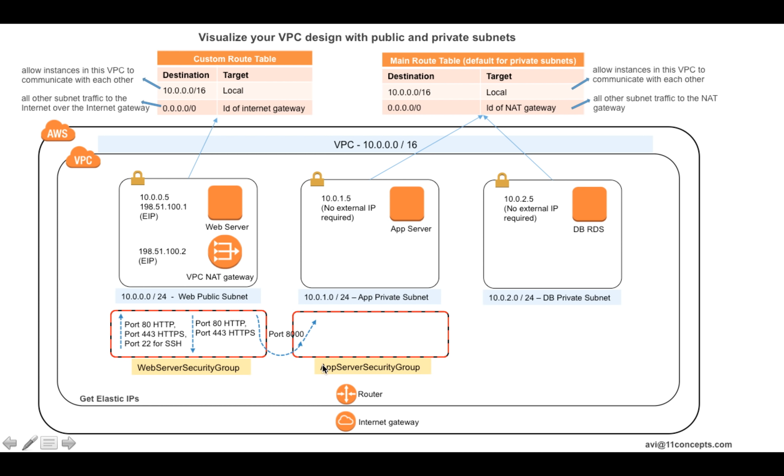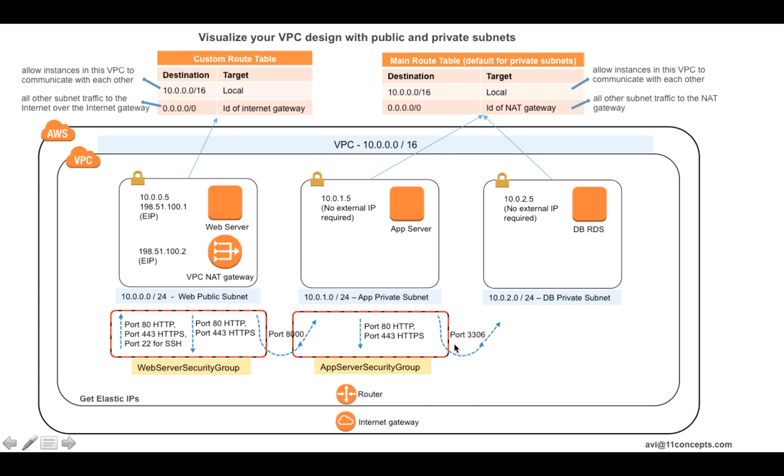So for this security group, which is going to be associated with our app server, we'll have an inbound rule again on port 8000. Plus, we are going to allow some outbound traffic so that we can update our app server, say with the latest binaries and patches.